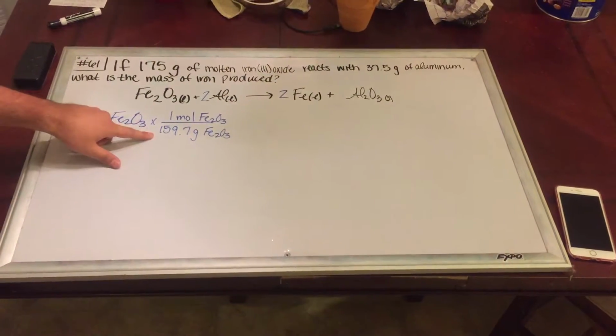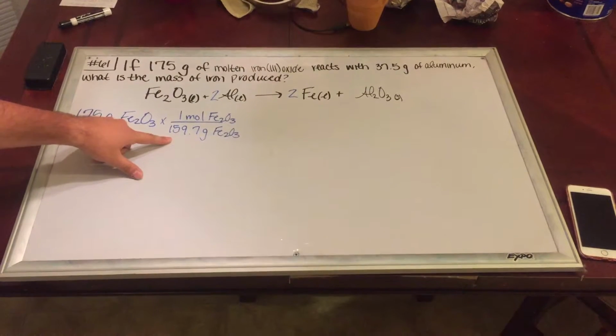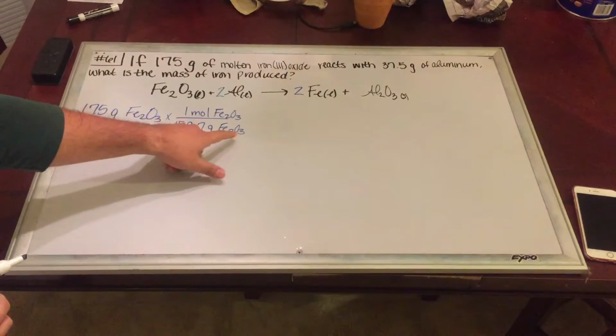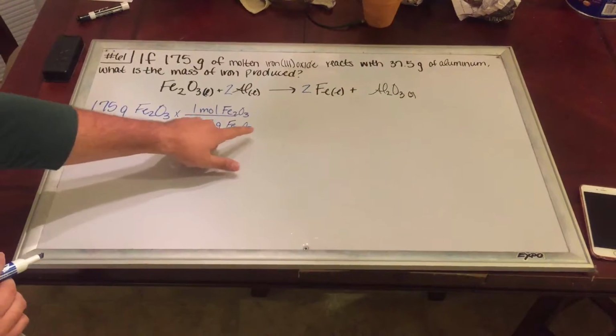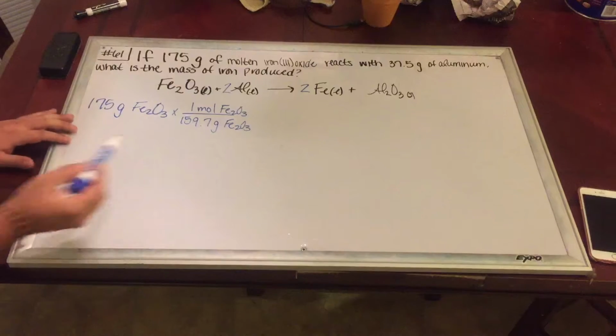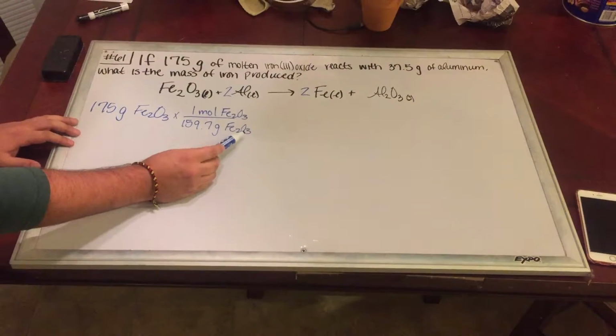So how I got this number is if I go to the periodic table, I go to iron, multiply it by 2, and then I go to oxygen and multiply it by 3 and add it all together, and I get 159.7 grams of iron 3 oxide.